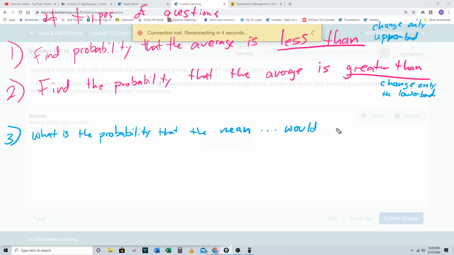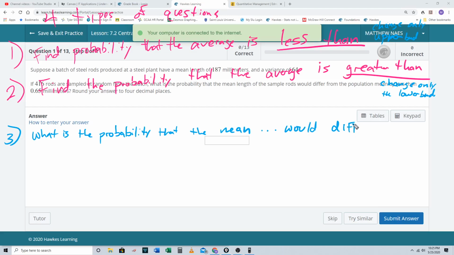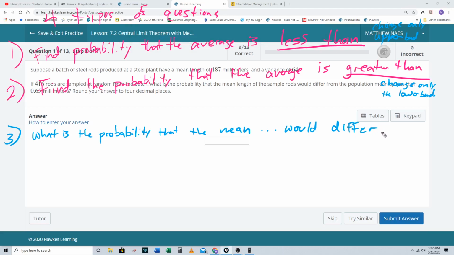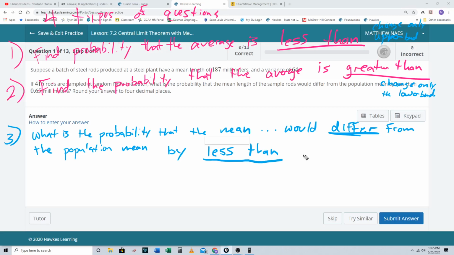would differ. I know it's doing that in the background, but just ignore it. It's going to keep doing that. From, that's the key word, differ, from the population mean by less than, so differs by less than some random number.